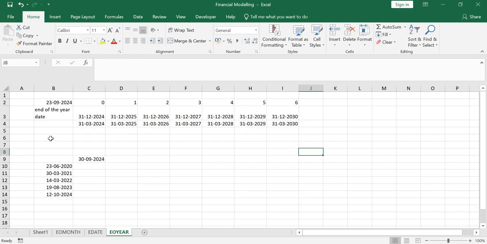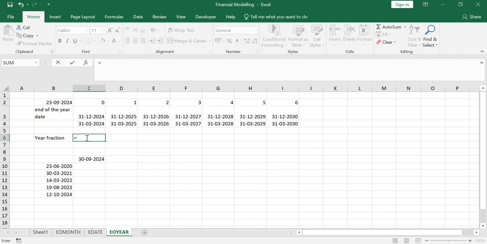Now the next concept that I am going to do is year fraction. Now year fraction, as I told you, if I have to calculate the interest, so for how much time period I have to pay the interest. So year fraction means the difference between two dates.